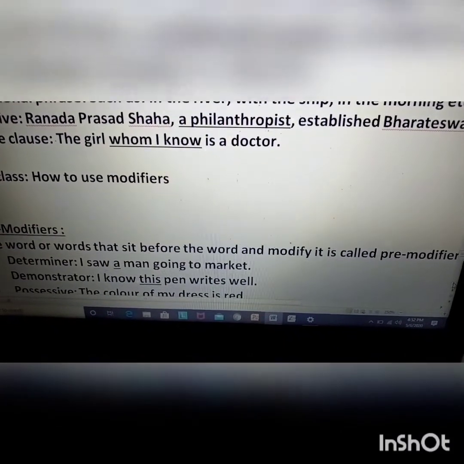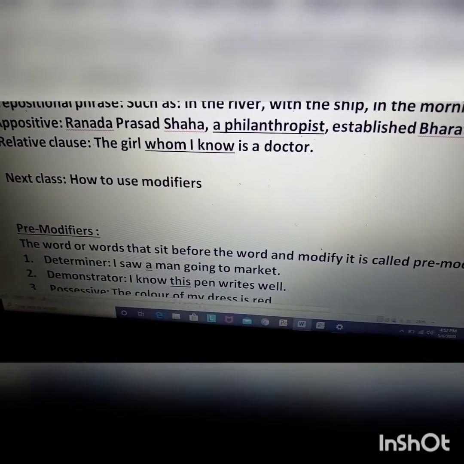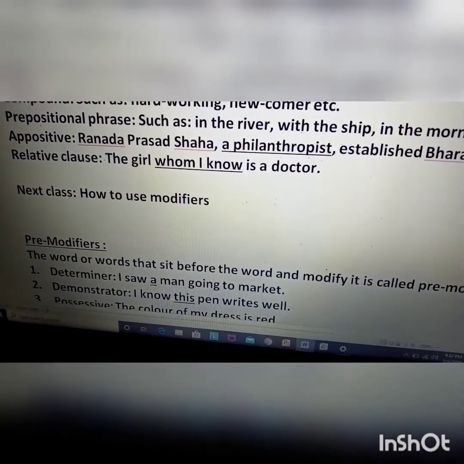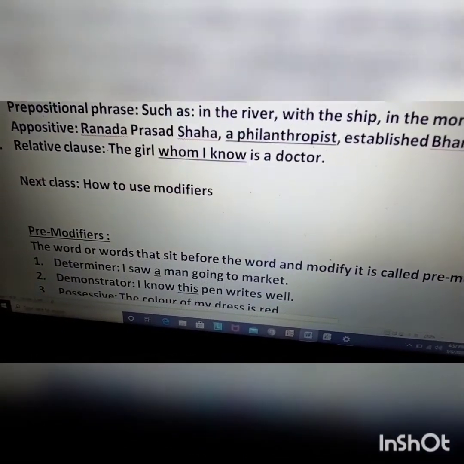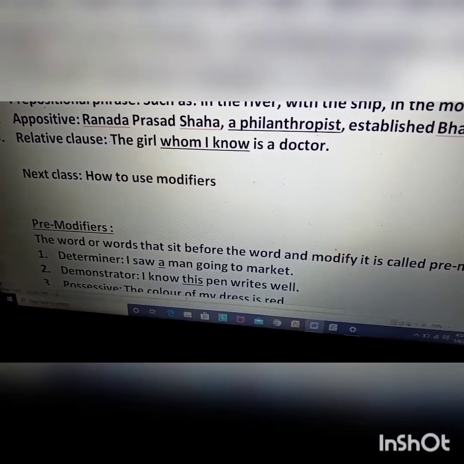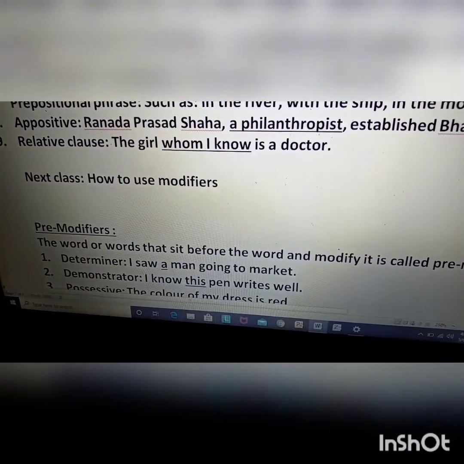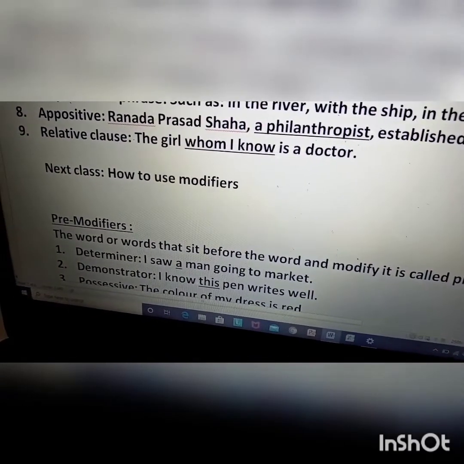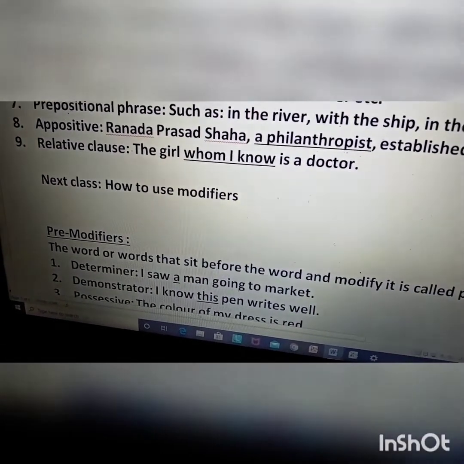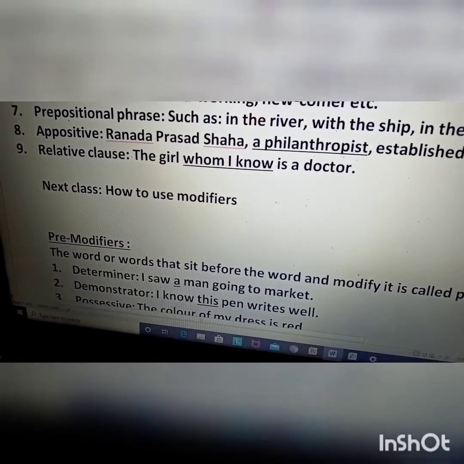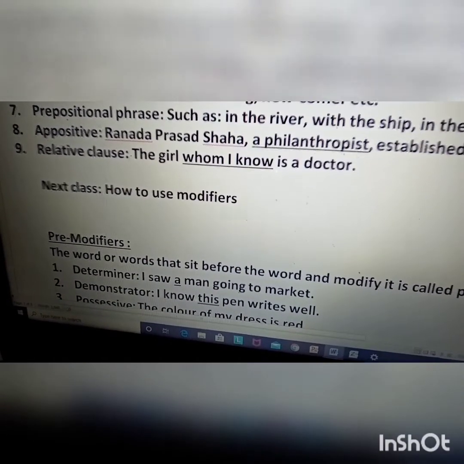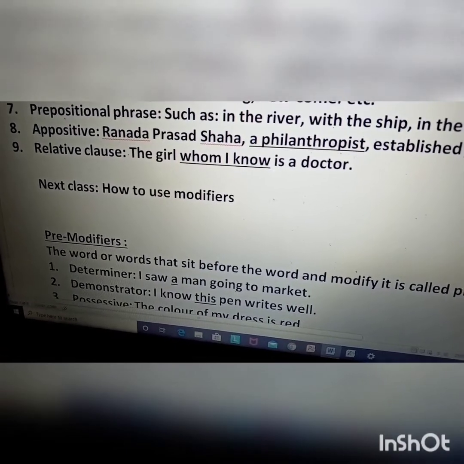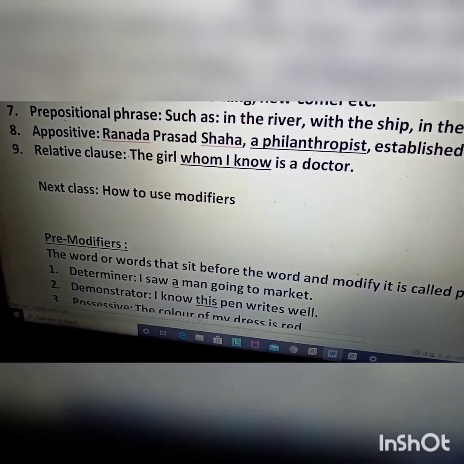Here, Ranadha Prasad Shaha is the noun, and a philanthropist is the appositive of Ranadha Prasad Shaha, because a philanthropist is extra information about Ranadha Prasad Shaha. It is also noted that an appositive works as a noun or noun phrase. It doesn't work as an adjective.